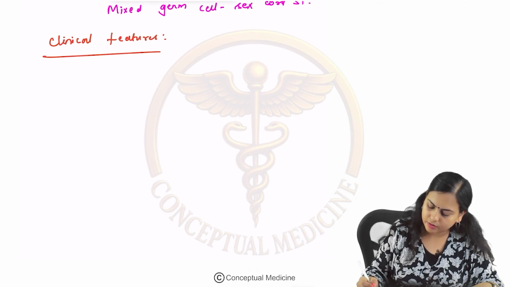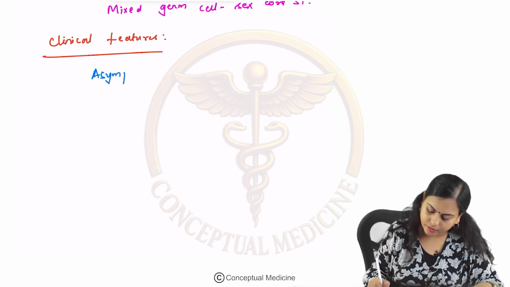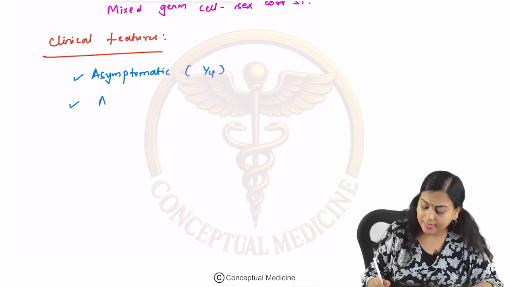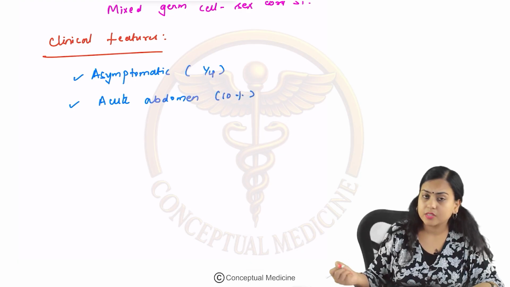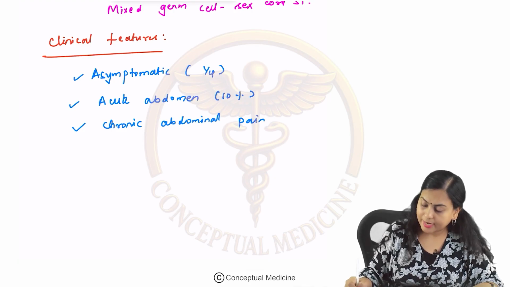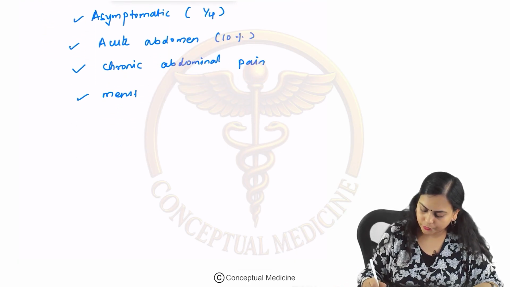Right. Now, let's discuss about the clinical features in germ cell tumor. These tumors are asymptomatic in 1/4 of the cases. They can present with acute abdomen in 10% of the cases. Some cases can also present with chronic abdominal pain. There can be menstrual abnormalities also.